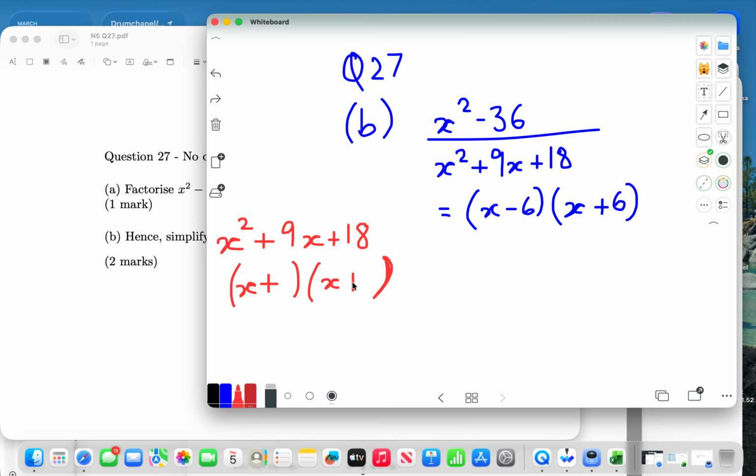And if you think, you have 2 times 9 is 18, but 2 plus 9 is 11. 3 times 6 is 18, and 3 plus 6 is 9, so we can use 3 and 6.